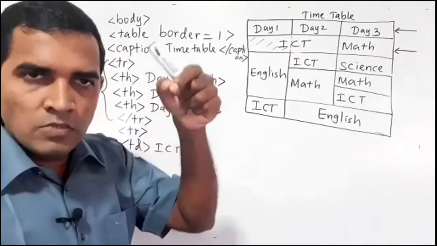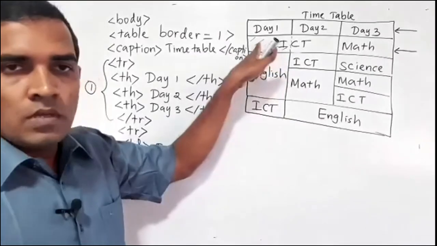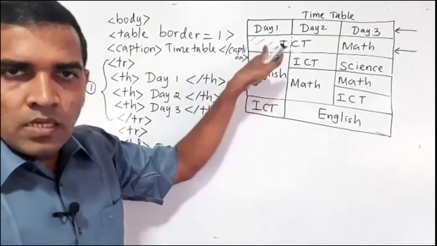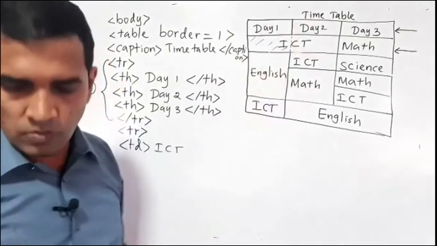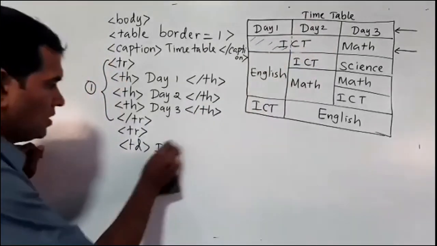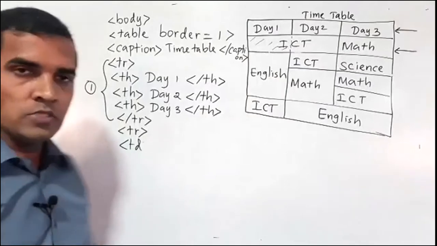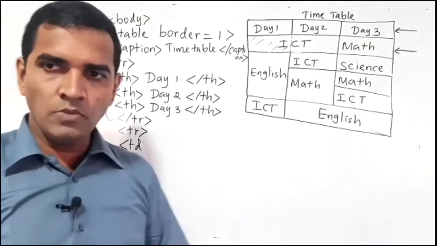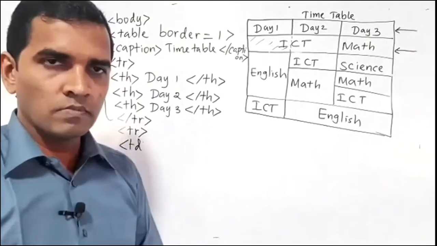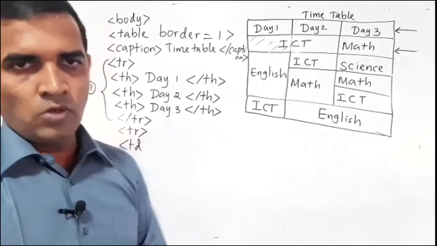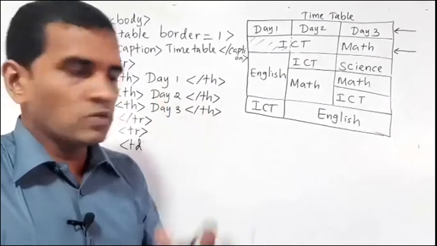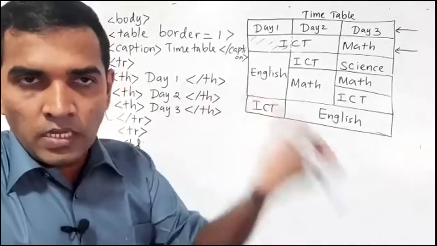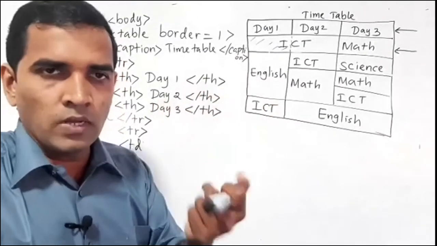But which cell is being created now? This one, right? But while it is created, the next one has to be created. So what is the idea? Is it colspan or rowspan? Which attribute is needed? Colspan, right? Don't memorize anything, understand the fact. It is colspan because we are spanning the column. We are merging two columns, right?